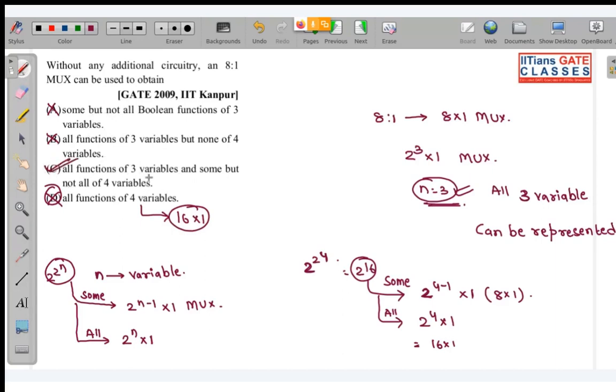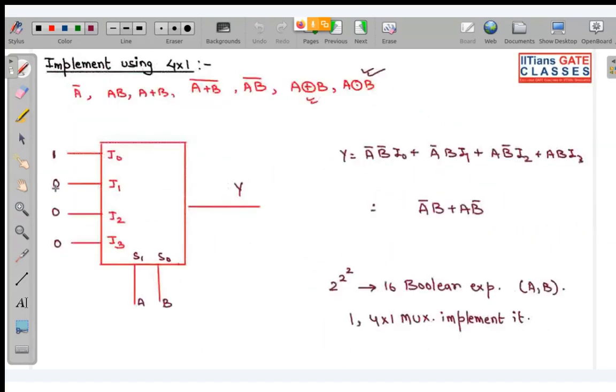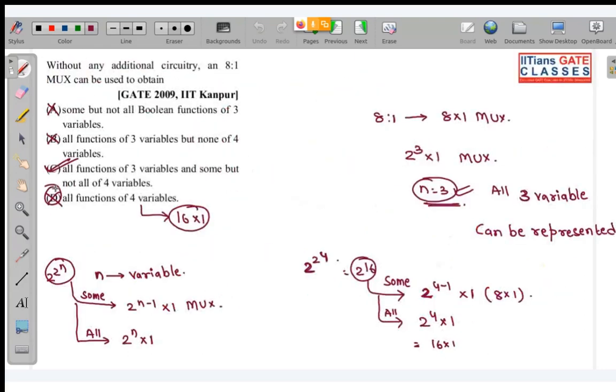And what is that? All functions of 3 variable, but some, but not all of 4 variables. So this is correct. Tell me if all of you have understood this question or not. So this is one very good question. Tell me if we understood or not. So whenever they ask you, you try to break this mux in this form, 2 to the power n cross 1.